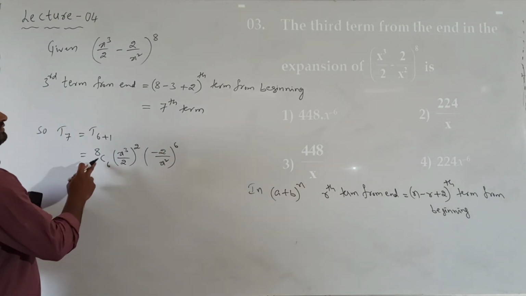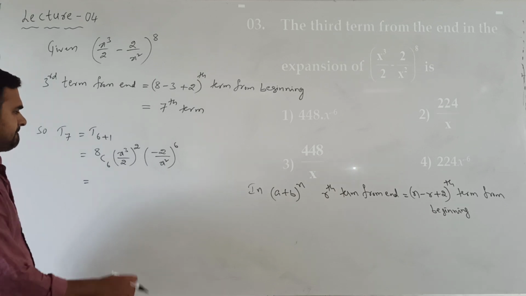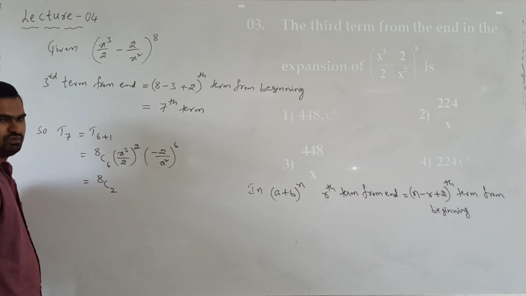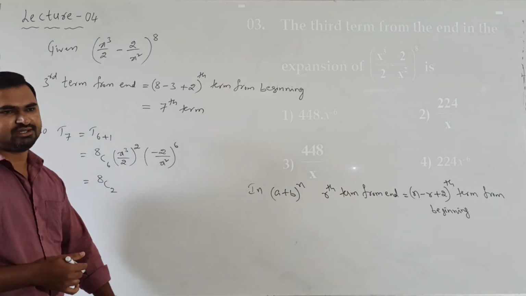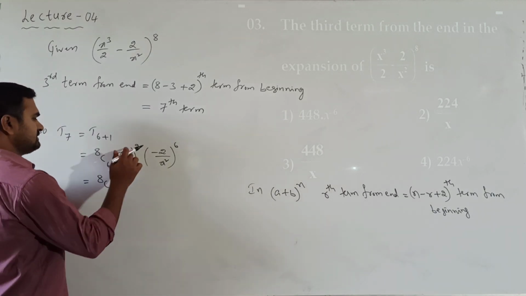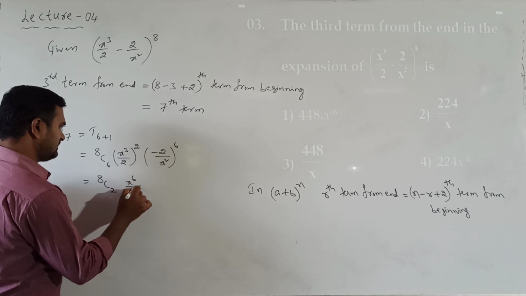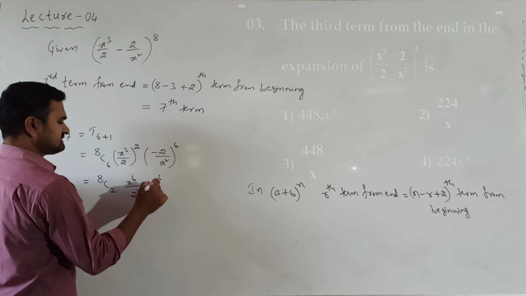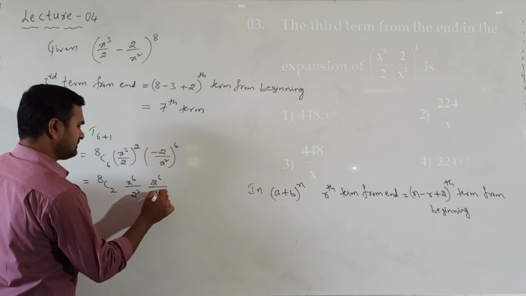Simplifying, because we want a simplified form, 8C6 is the same as 8C2 because nCr is the same as nC(n minus r). So it is x power 6 divided by 2 power 2, into 2 power 6 divided by x power 12.